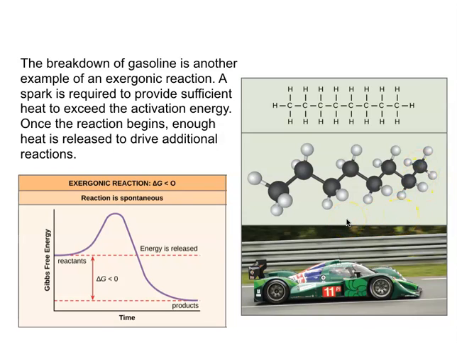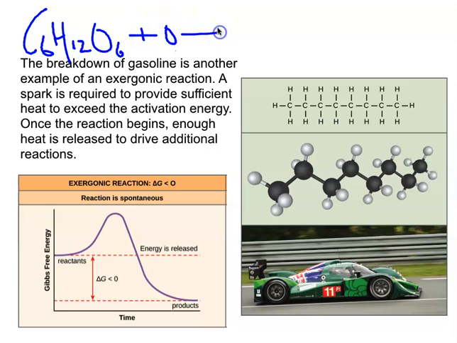Not necessarily as important for us, but if we think about what this means in terms of if this was, say, a glucose molecule, okay, once the reaction begins, enough heat is released to drive additional reactions, which means once you take a C6H12O6 structure and you begin to catabolize that in the presence of oxygen, such that you end up making CO2 plus H2O plus ATP.